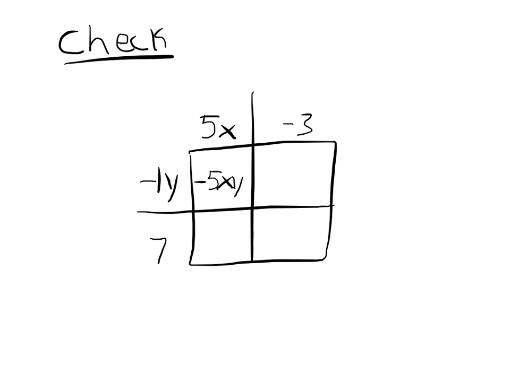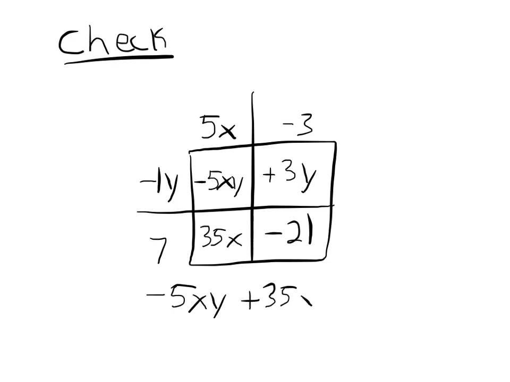A negative 3 times a negative 1y would be a positive 3y. 5x times 7 would be 35x. Negative 3 times positive 7 would give me negative 21. Okay, and when I write that out, negative 5xy plus 35x plus 3y minus 21.